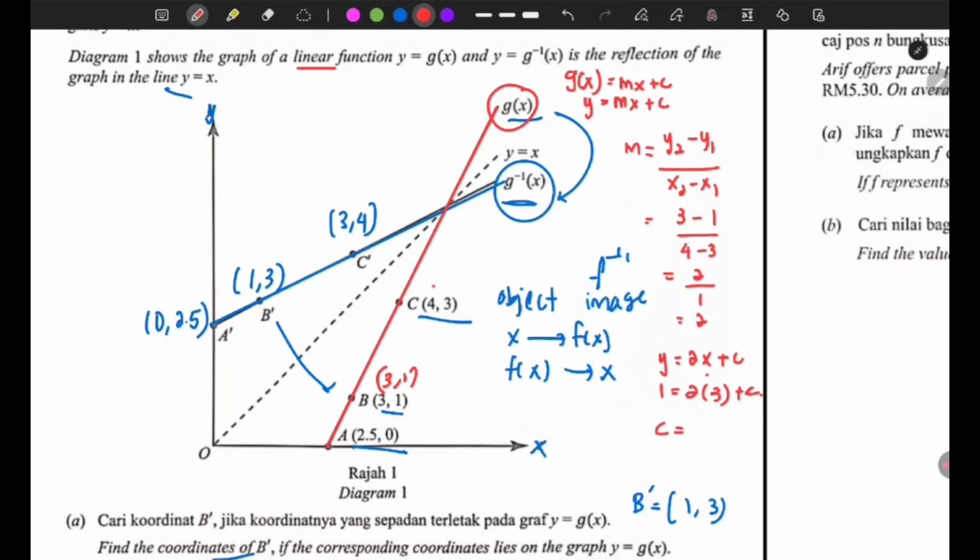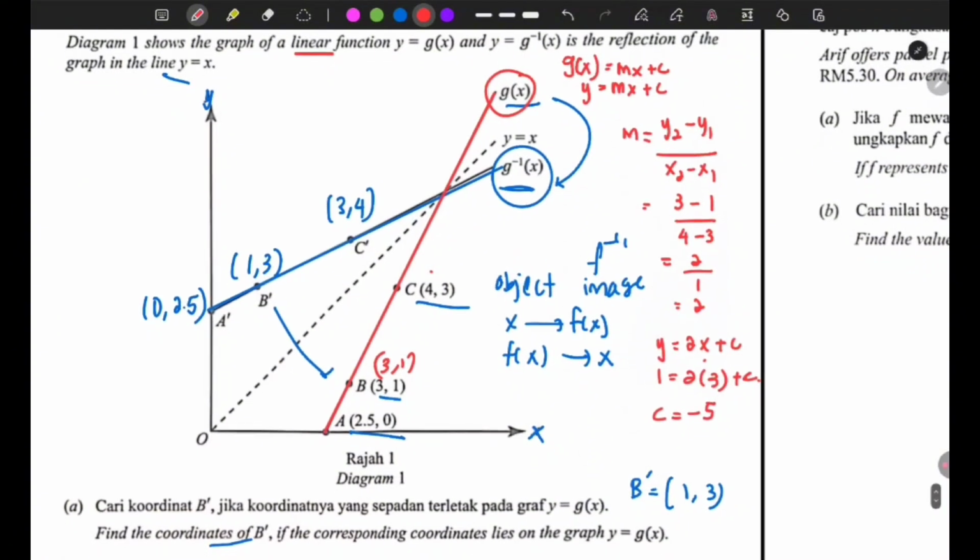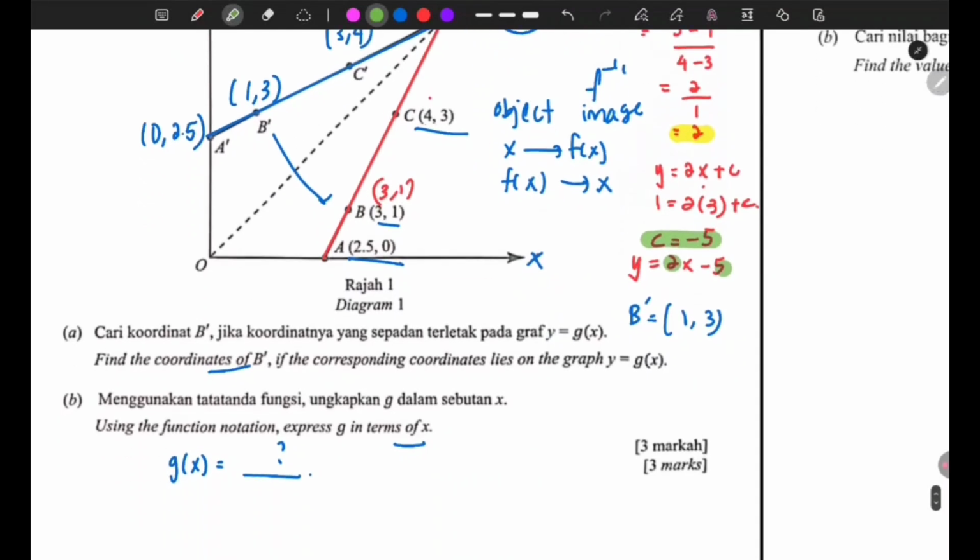So 2 times 3 is 6, and 1 minus 6 is negative 5. Done. I found my c and my gradient. So my equation of a straight line looks like this. My gradient is 2, my c is negative 5. This is the equation that they want.